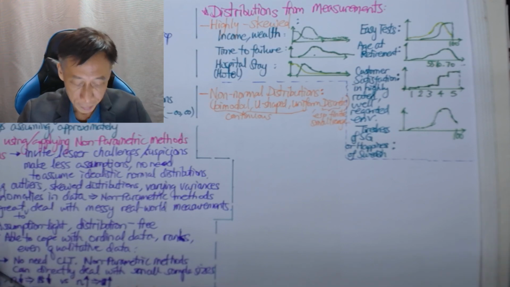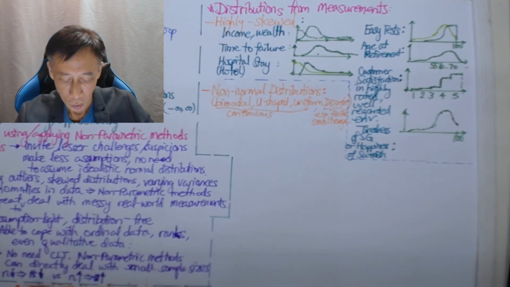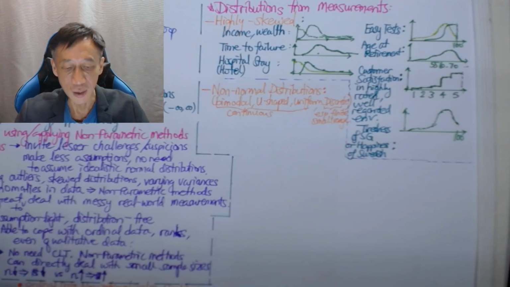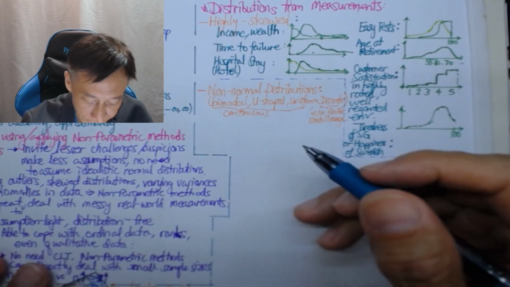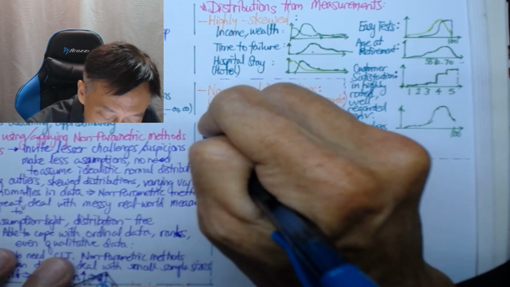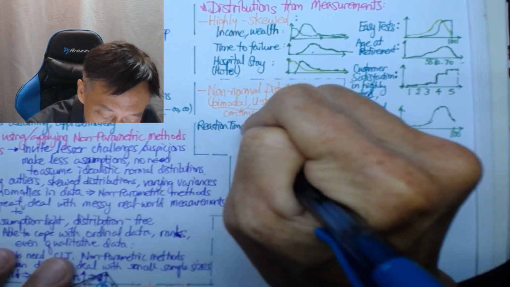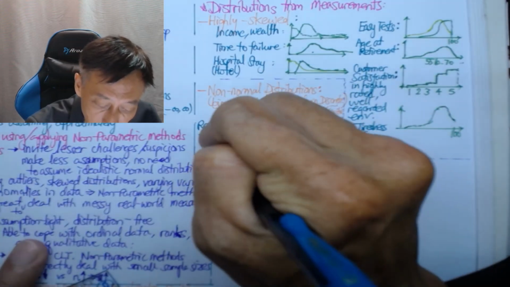Okay. So what are some real life examples to help us connect that non-normality with real life? Let's talk about, for example, reaction time, reaction time to respond.